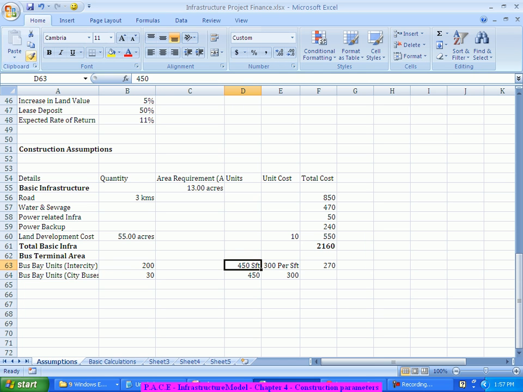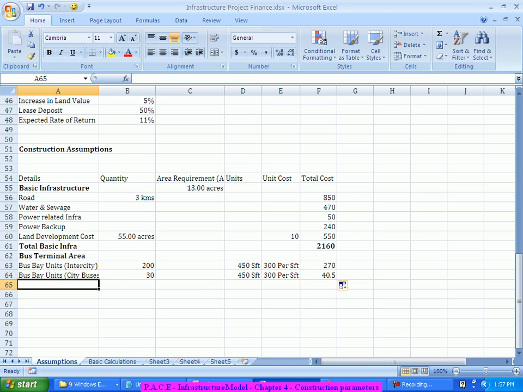So I can do a format pasting to this. So probably once we are done with all, wherever the SFT part is there, we'll directly do that format painting. Whereas this calculation I can simply drag. So this is going to cost me almost 40 and a half lakhs for intercity buses.